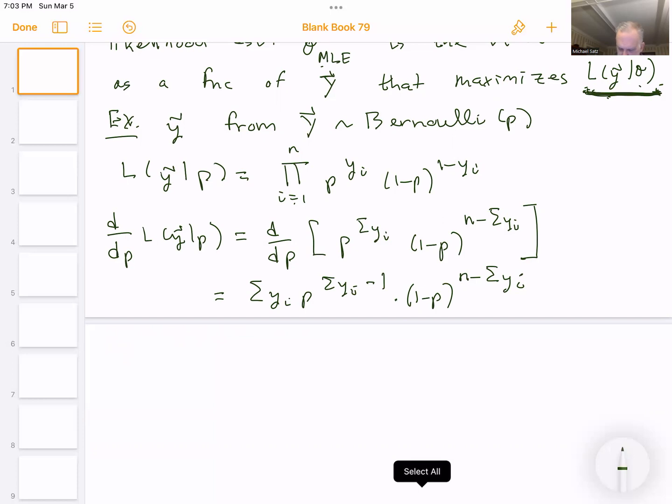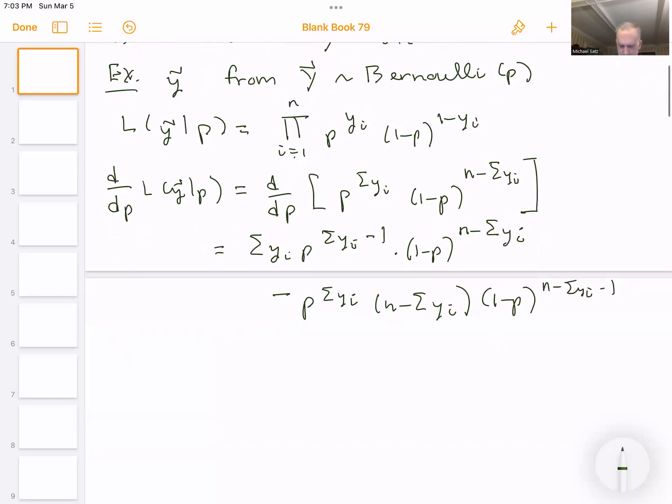You're going to get a minus sign from the chain rule with the second term, so I'll just write it now. So minus p to the sum y_i, and now I need to differentiate this. So I have (n - sum y_i) times (1 - p) to the n minus sum y_i minus 1.